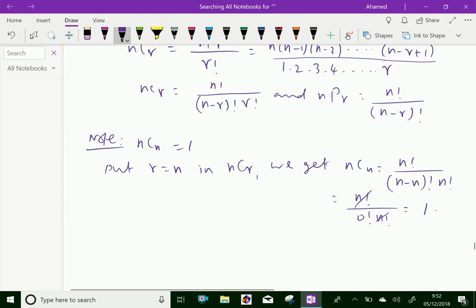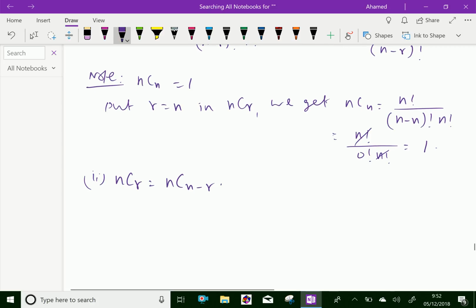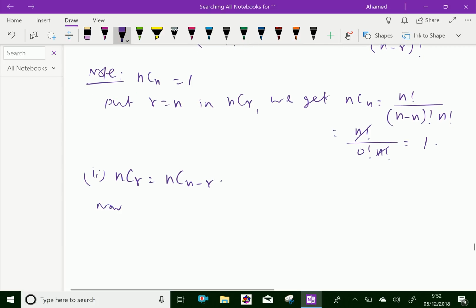Now we will look further. Here nCr equals nC(n minus r). We can prove that. Now nCr, we know, equals n factorial over n minus r factorial into r factorial; let it be 1.